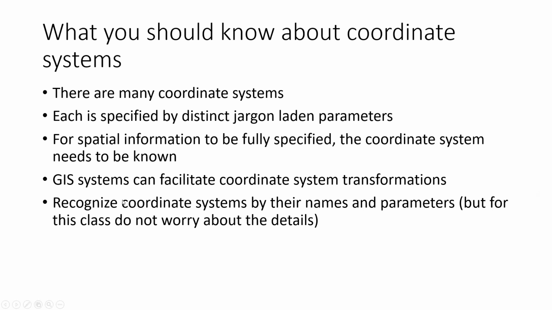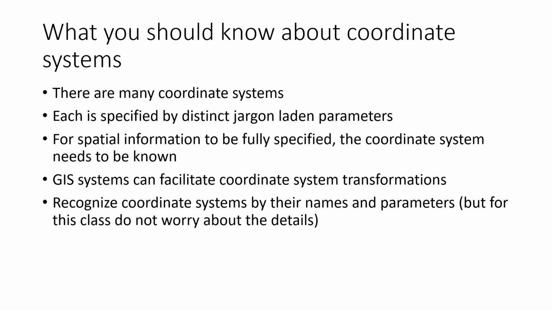So what I think we really need to know for practical purposes as engineers and hydrologists is to recognize coordinate systems by their names and parameters and the associated values. But for this class, do not worry about the details. You'll see with coordinate systems, there's a lot of numbers associated with it.